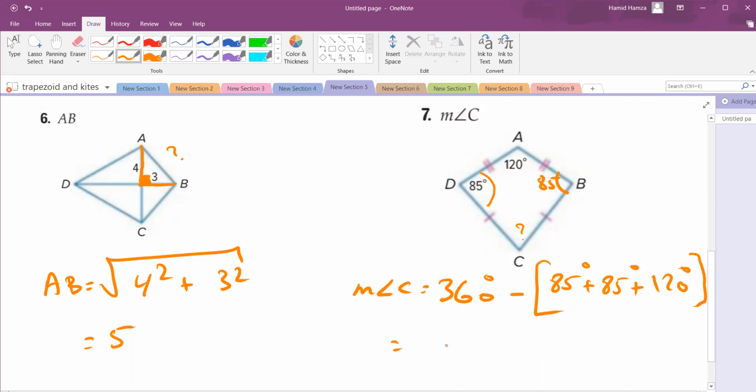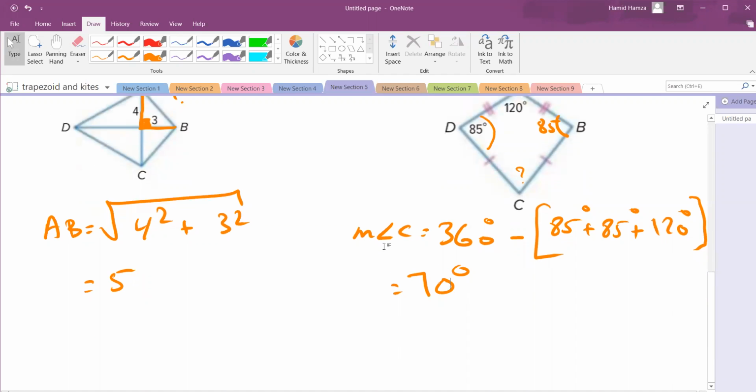So what is the answer, guys? If you have a calculator, it is 70. The answer will be 70 degrees. Any question, guys?